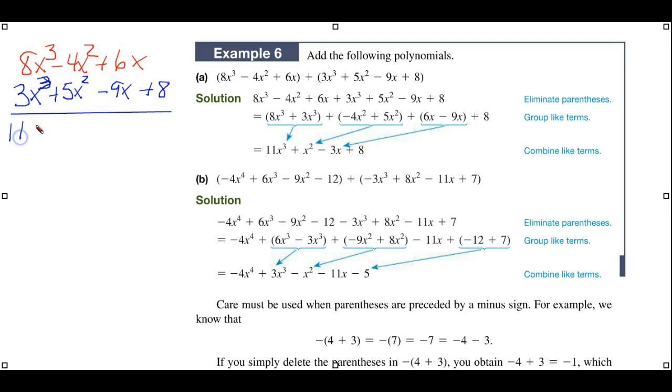So this will be 11x to the 3rd. This is going to be a positive 1x. We don't write the 1. This is going to be a negative 3x, and then plus 8. So you get the same answers. It just looks to me that adding them up vertically is easier, although knowing the technique horizontally is good as well. Okay, and B is just a similar way.